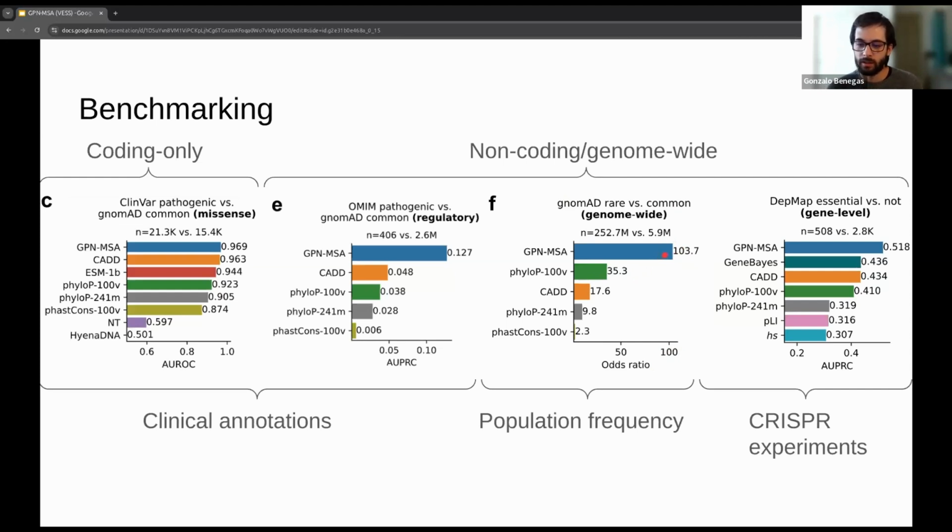And finally, we look at some CRISPR experiments. What is interesting here is that this is actually a gene-level measurement. This is from DepMap, based on cancer cell lines, a screen where each gene is knocked down and you can measure if the cell still lives.